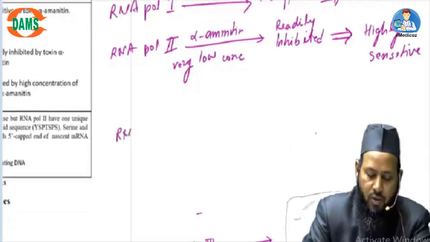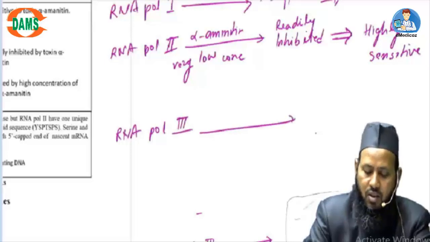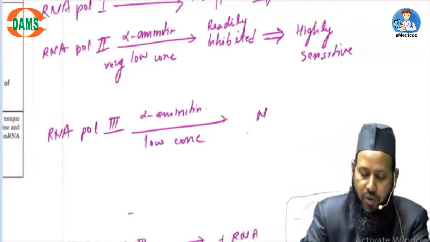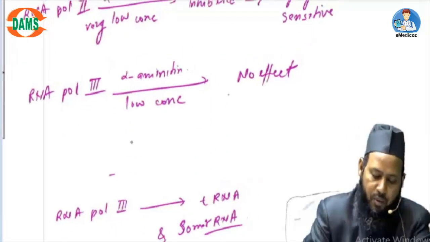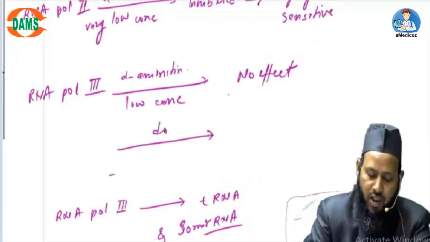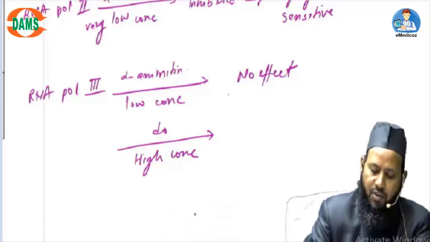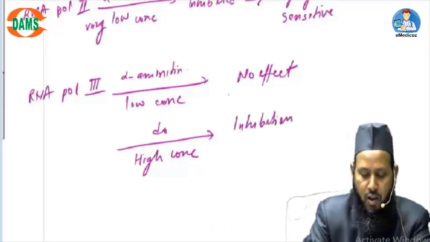And when we do RNA pol 3, with alpha amanitin at low concentration, we will see no effect. So we do the same thing but with high concentration. When we give the high concentration of alpha amanitin, then we will see inhibition.